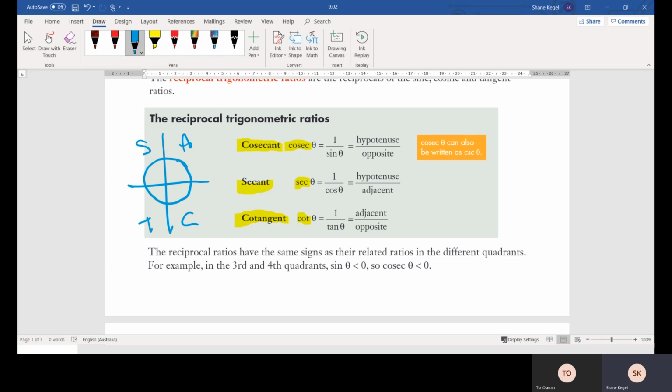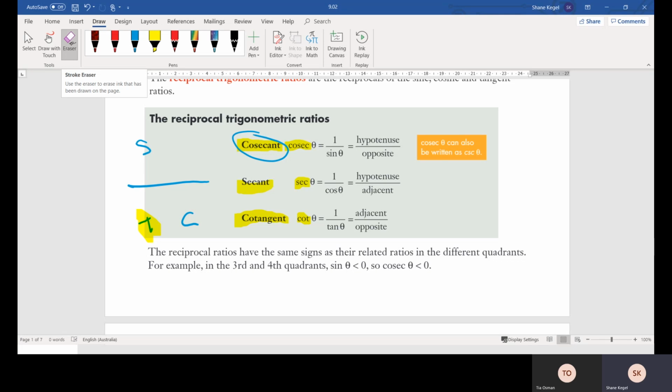So cosecant, our inverse sine ratio, is positive in the all and the sine quadrants, so quadrant 1 and quadrant 2. Our cos would therefore be positive in all and the cos quadrant, and tan in the all and the tan quadrant. That does not change, even though we're inverting. The positive and negative operations do not change.